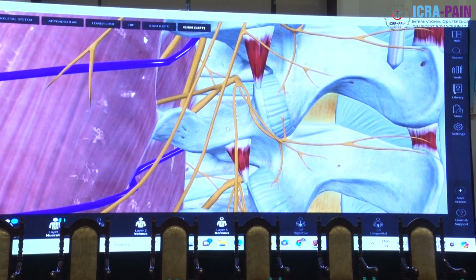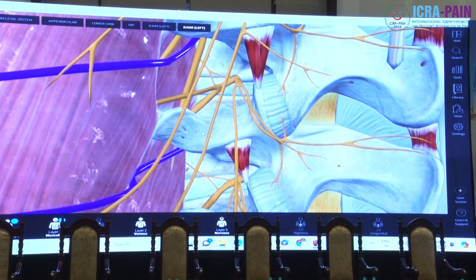For the medial branch block, you have to come most medial to block this nerve. And for the dorsal rami block, your needle should be in the middle of the transverse process, so that you are blocking all the three dorsal rami branches. So these are the three very important ways of blocking the dorsal rami branches, either selectively the medial branch or the other branches.